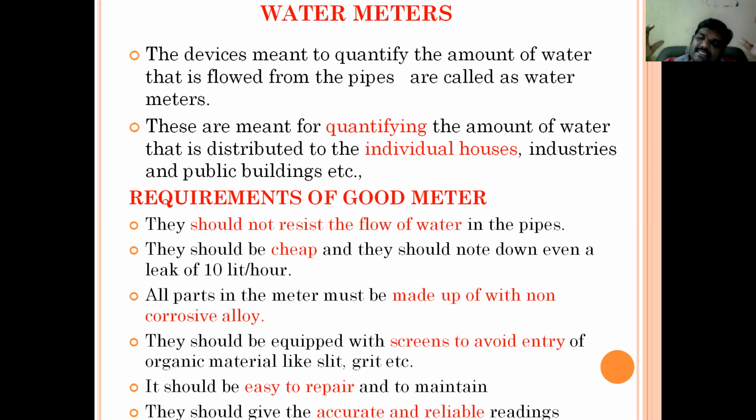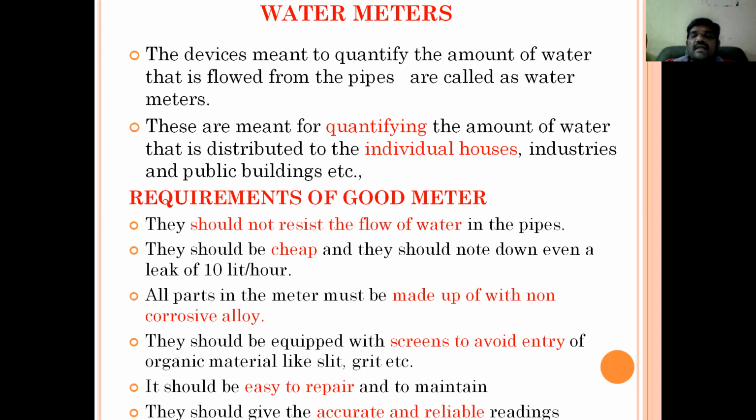Now, as we are quantifying the water at various capacities, maybe individual houses, industries, and public buildings, what are the basic requirements that a good meter has to have? The first thing is, they should not resist the flow of water in the pipes.